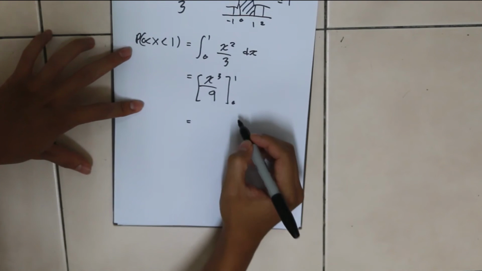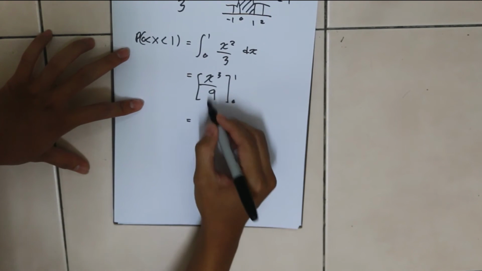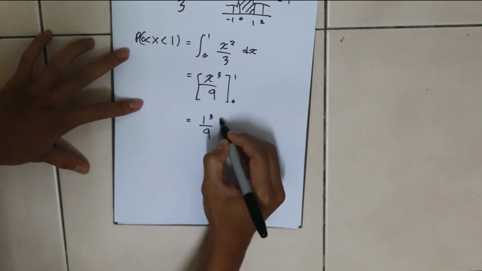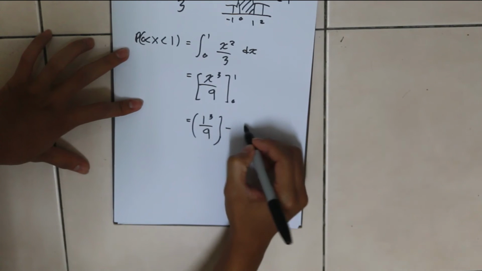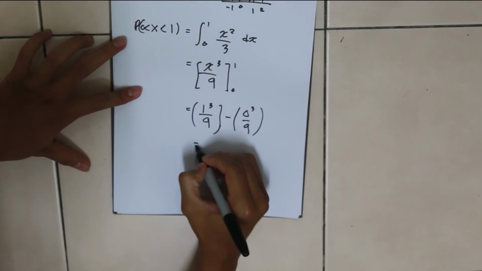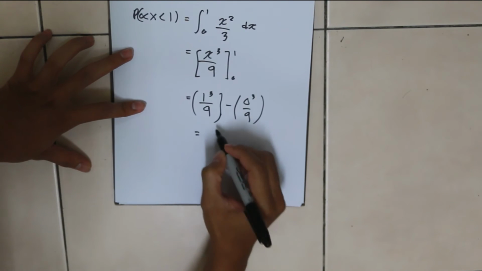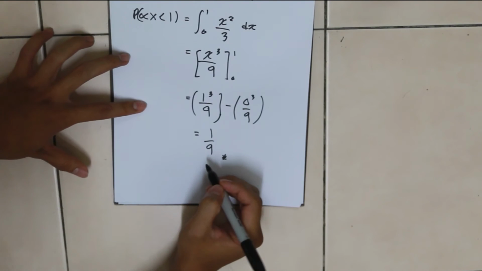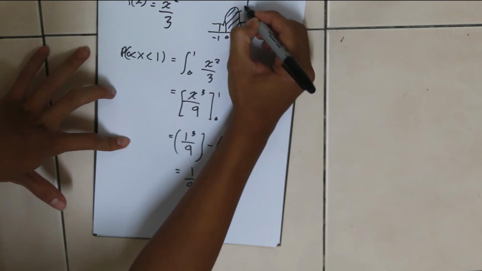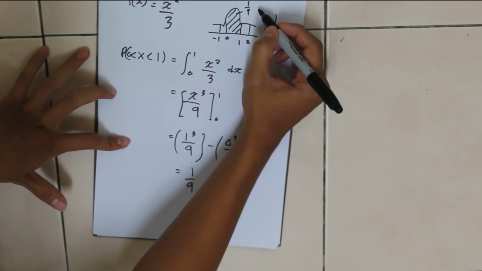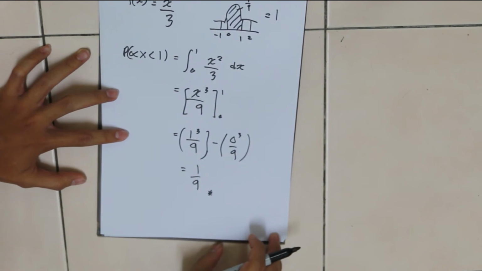Then we insert both boundaries into the formula. We will get 1 cubed over 9 minus 0 cubed over 9. So we will get the answer of 1 over 9. So this area is equal to 1 over 9 cm squared. So that's all.